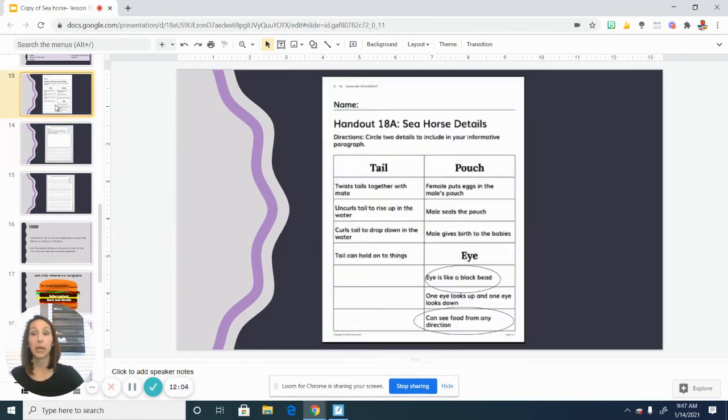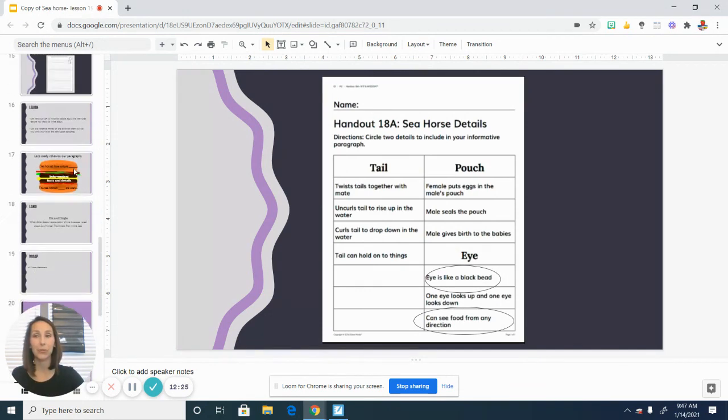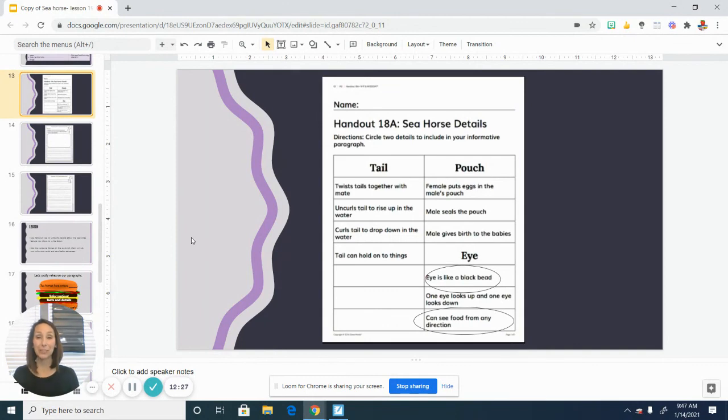Just like when I said, the seahorse's eyes look like a black bead. The would be one of our determiners that we've learned, an article. A black bead, A would be one of the articles. So see if you can go through and just lightly circle or underline any of the determiners that you used in your writing. Okay, so I know that's a lot.